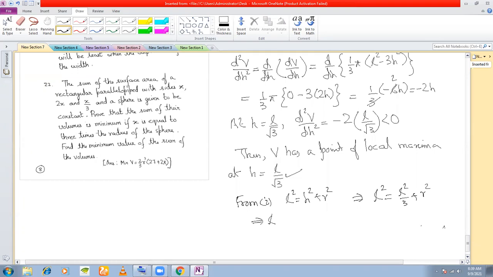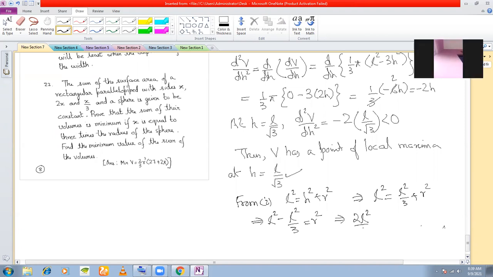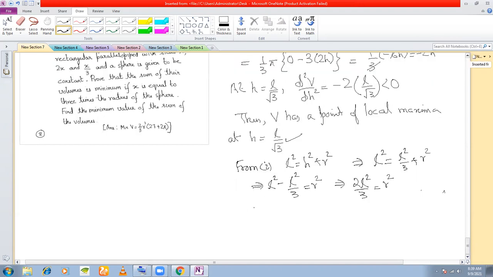That means L square minus L square by 3 is equal to r square. That means 2L square by 3 is equal to r square. That means r is equal to L root 2 by root 3.